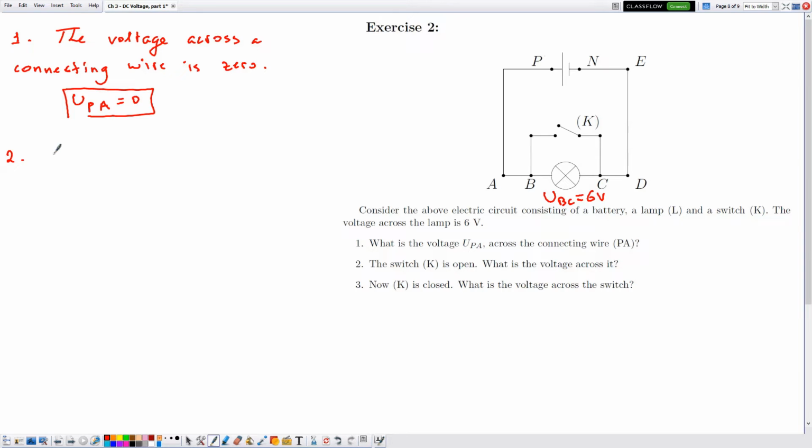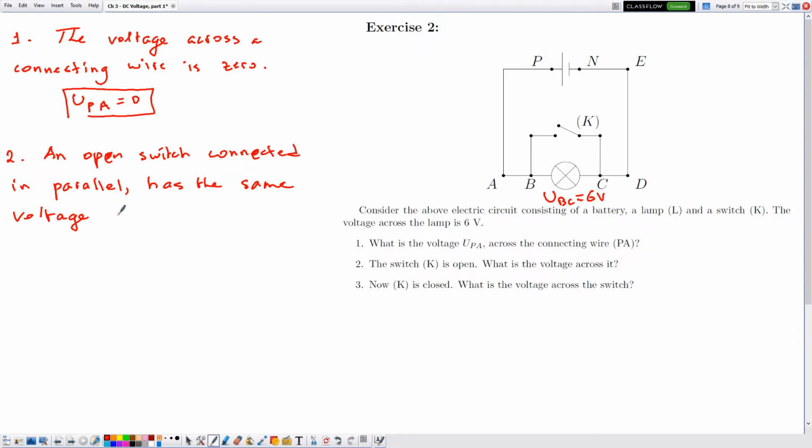Then let's write down: an open switch connected in parallel has the same voltage as its terminals. For this reason, the voltage across the open switch, which is given by UVC, is equal to 6 volts.